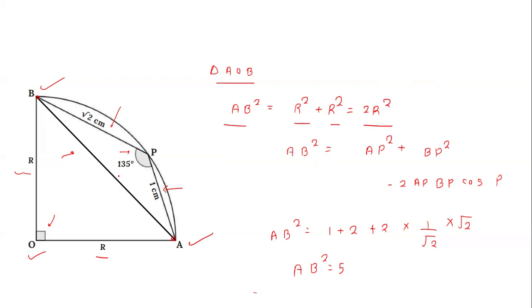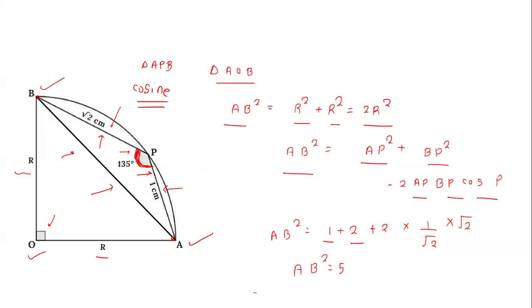And we can also apply the cosine rule in the triangle APB. AB square is equal to AP square plus BP square minus 2 times AP, BP, and cos of this angle. We are calling this whole angle P. Now AP is given as 1, so 1 square.